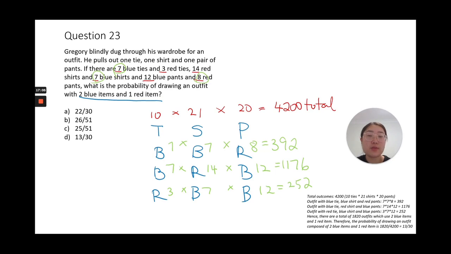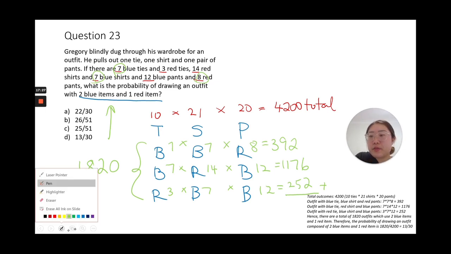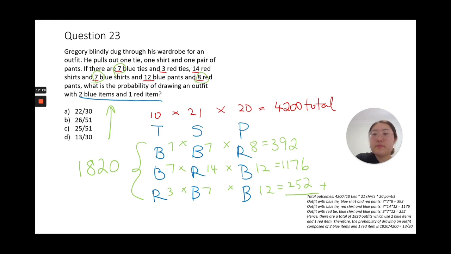You can definitely pause and figure this out yourself, okay? I'm just speeding through because we don't have much time. So we plus these together to find the total number of wanted combos, and you realize that that is 1820 of this blue item, red item combo. To find the probability, what you're going to do, let's get another color, is put what you want over the total number of options.